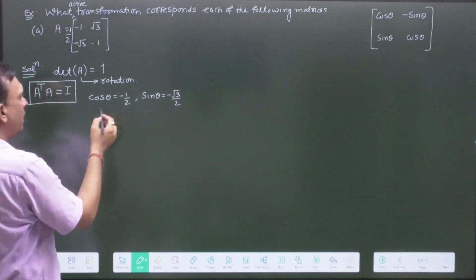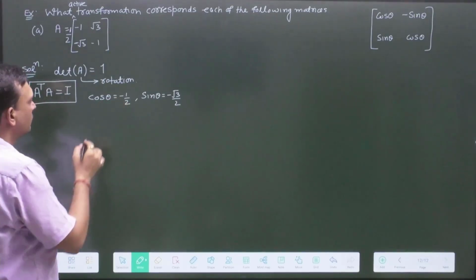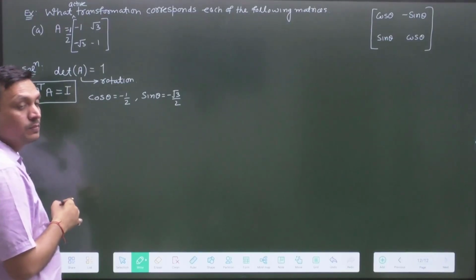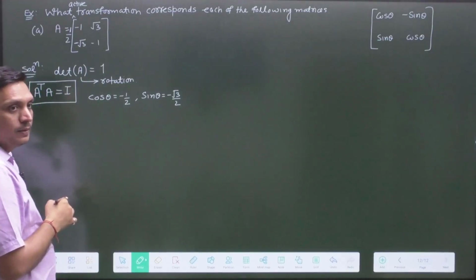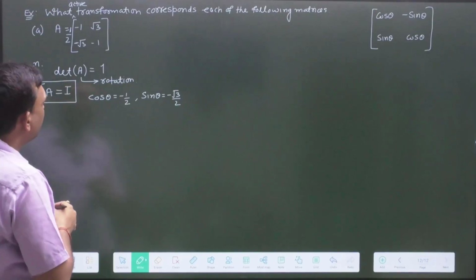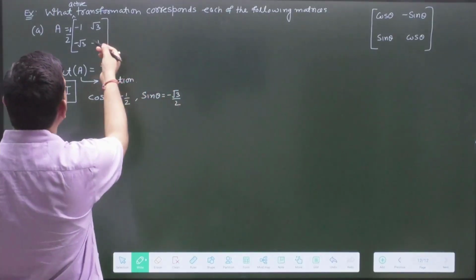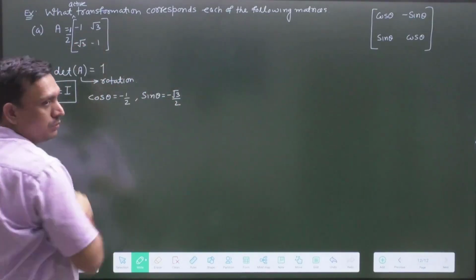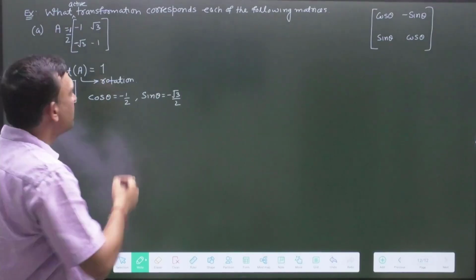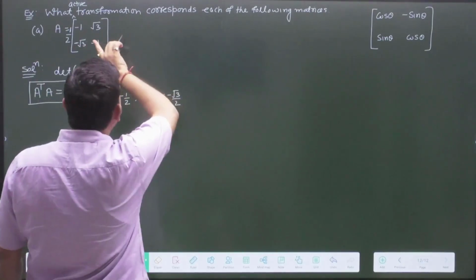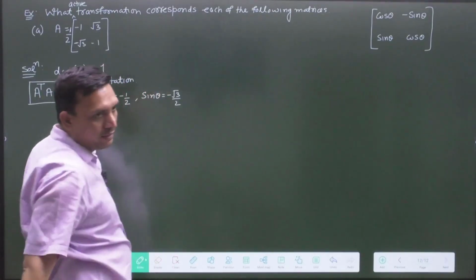So what will be this value? No, minus sin theta is under root 3 and cos theta is minus 1 by 2. You are comparing this matrix with your known rotation matrix.